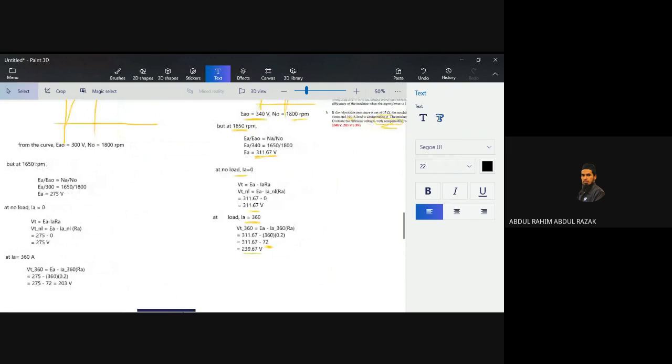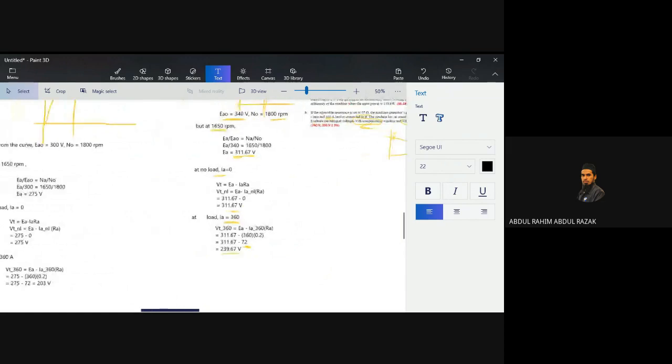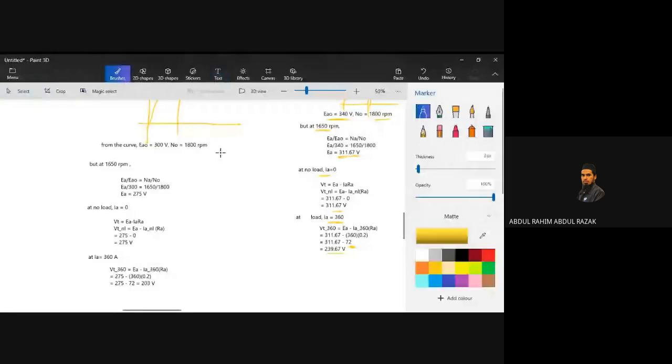So evaluate the terminal voltage with compensation winding and without compensation winding. Let's say if you are requested to draw or compare, we can sketch a graph.